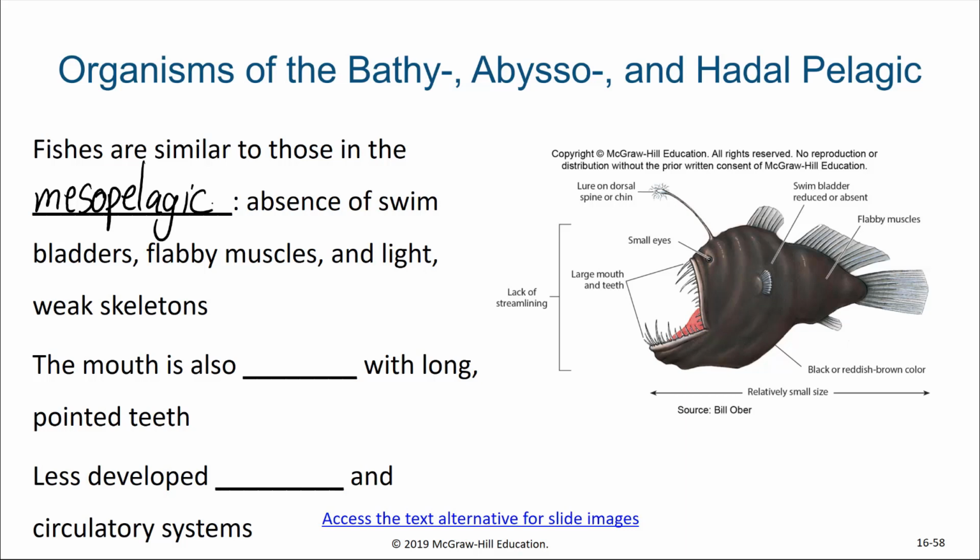Typically, their mouth will also be large, with long, pointed teeth. They tend to have less developed nervous and circulatory systems as well, and this may be because of lower nutrition availability.